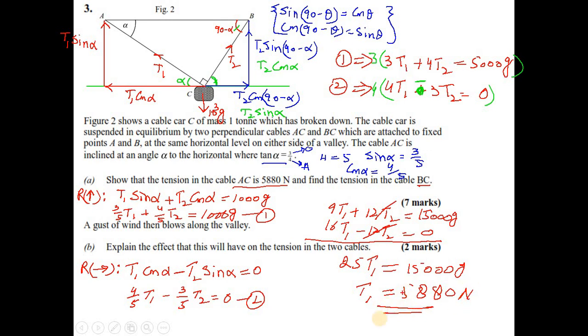That's the value of T1, and then you substitute T1 in any one of the equations, either equation 1 or equation 2, and you can find T2. I'm just leaving it here, and you can figure out the value of T2, which is the force acting along the cable BC.